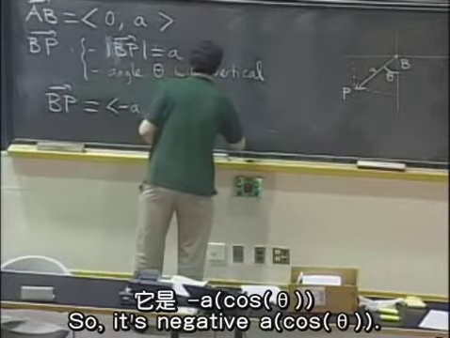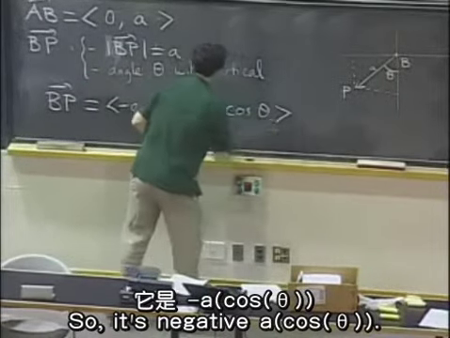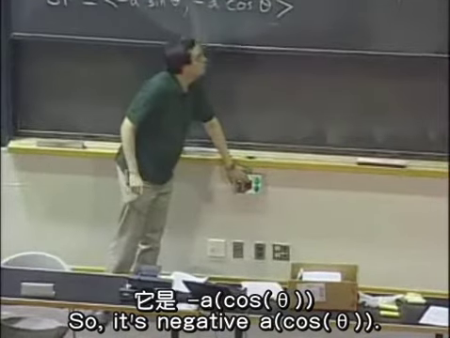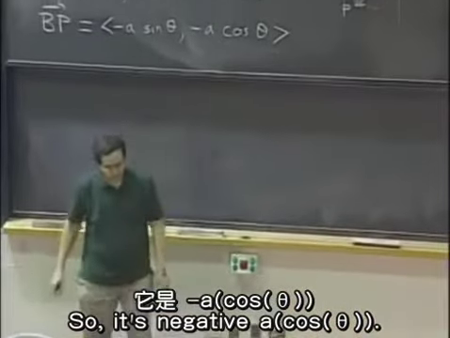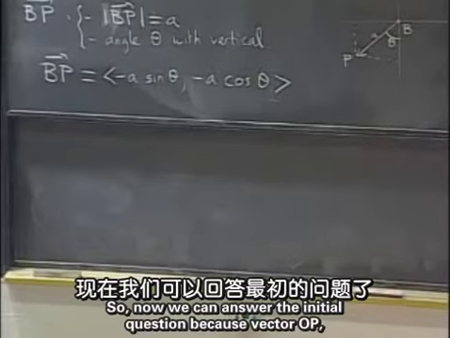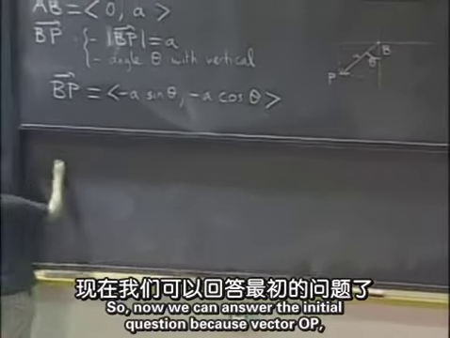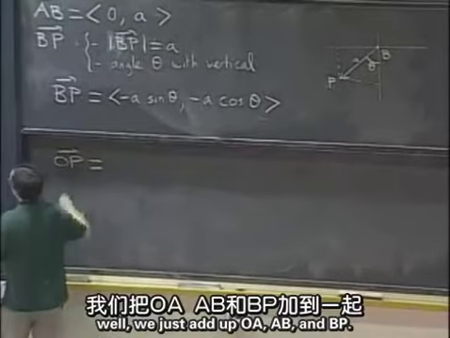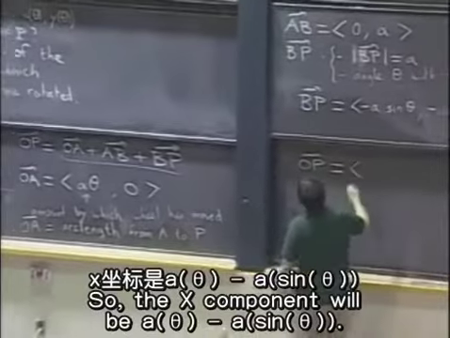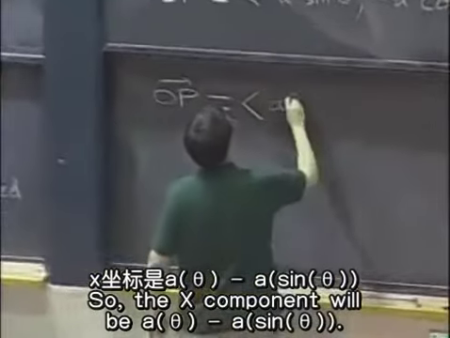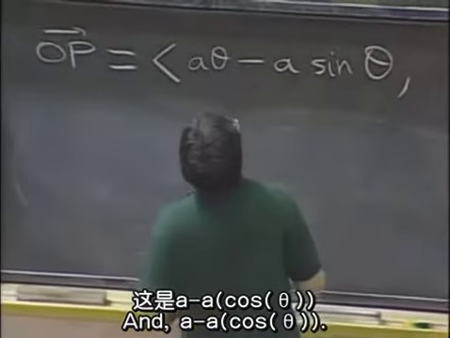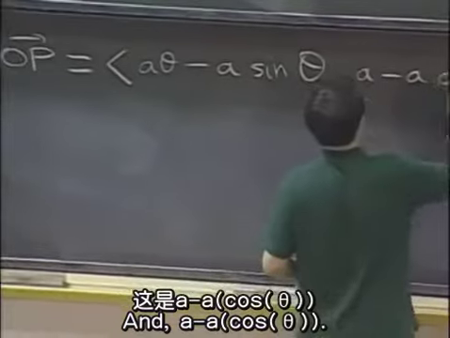So it's negative A cosine theta. So now we can answer the initial question, because vector OP, well, we'll just add up OA, AB, and BP. So the x component will be A theta minus A sine theta, and A minus A cosine theta.